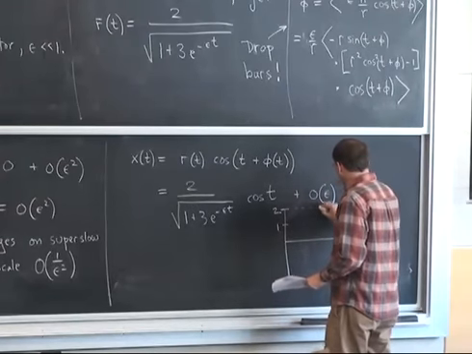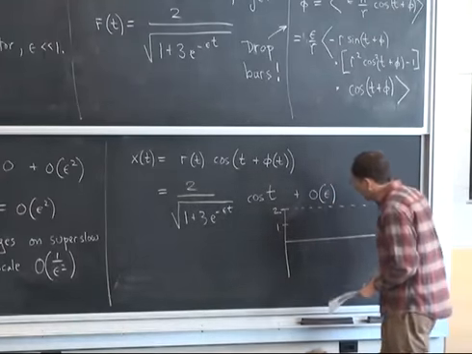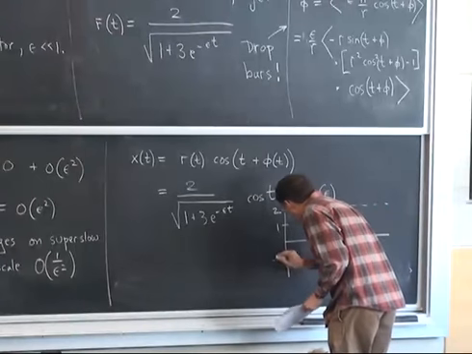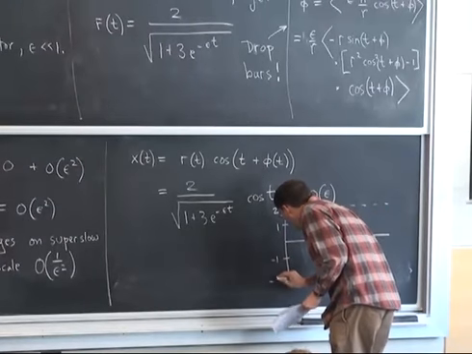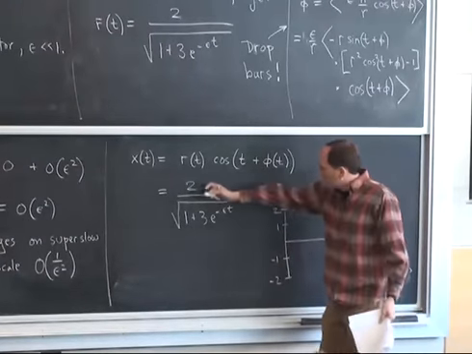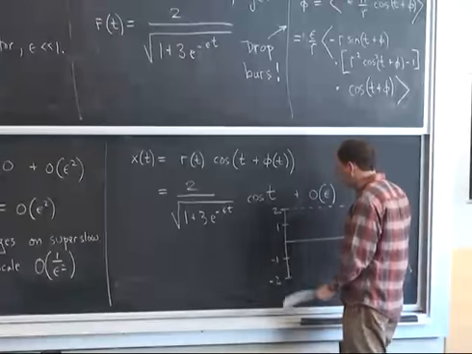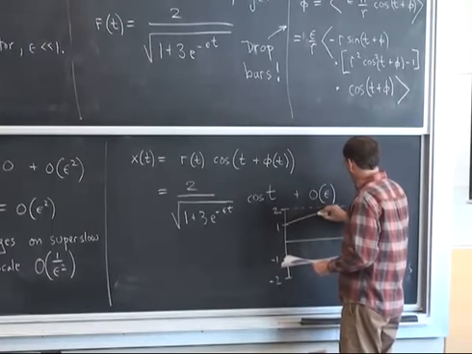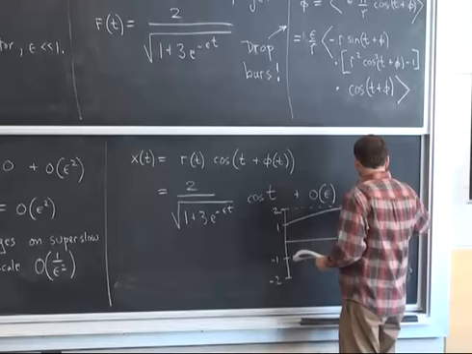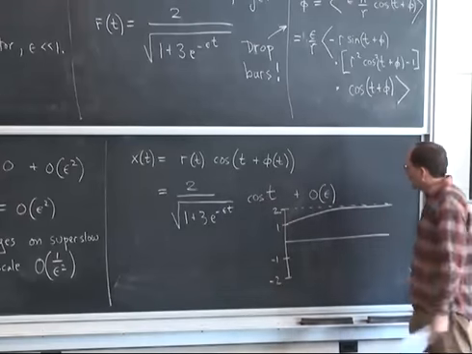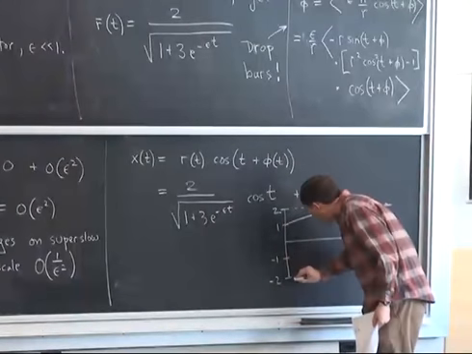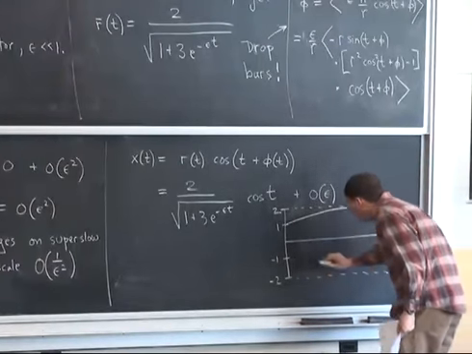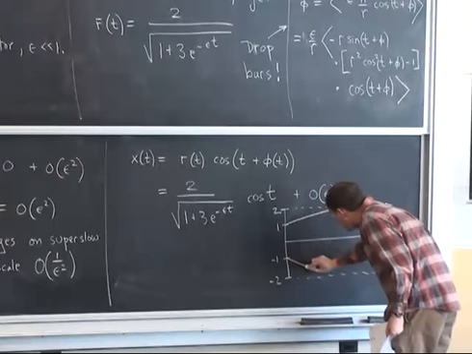But, and also let's draw a -1 and -2. And you have this very slowly changing envelope that looks something like this. And then likewise down here, it's just the mirror image.